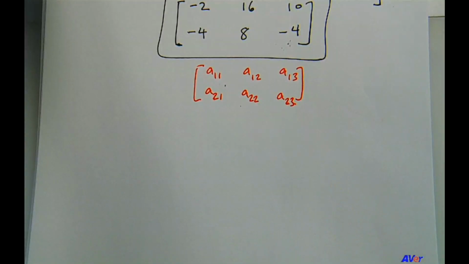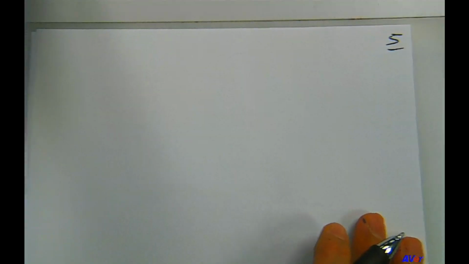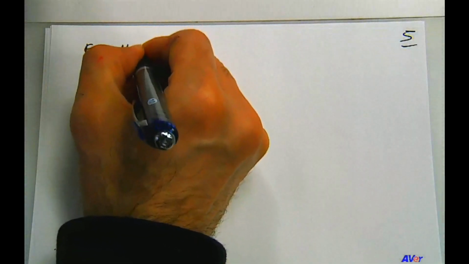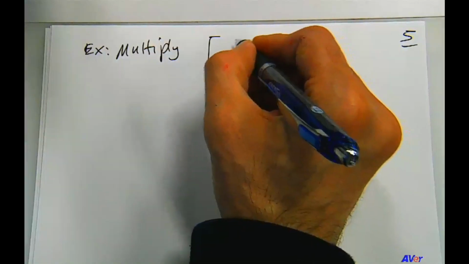Okay, let's see another example. Suppose we want to multiply these two matrices.